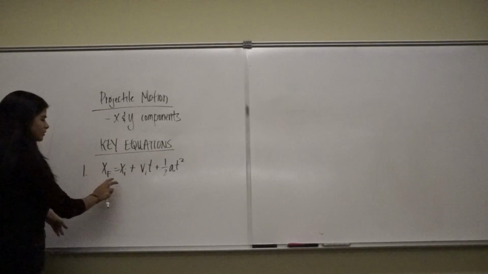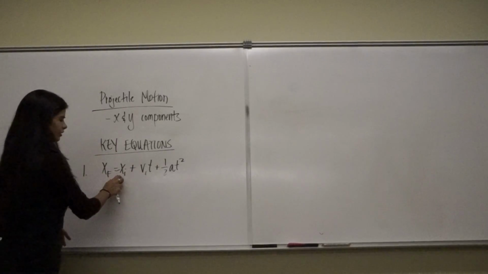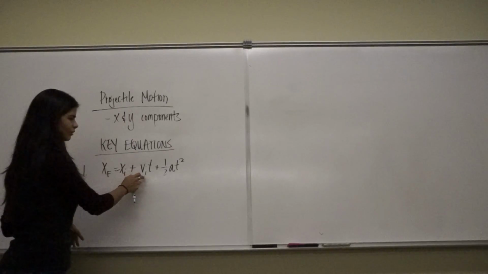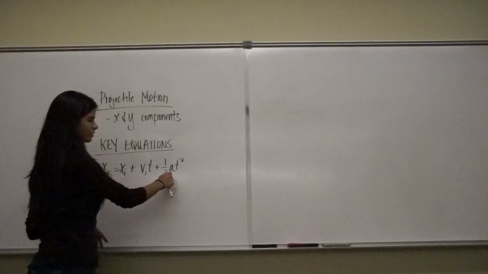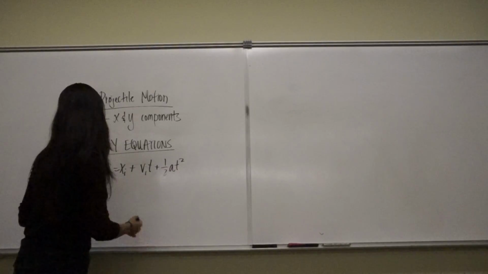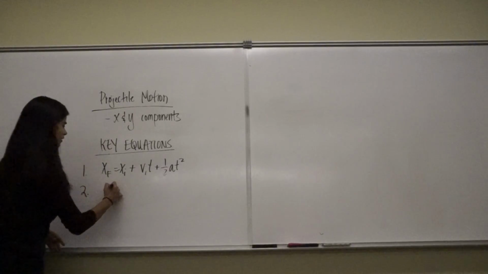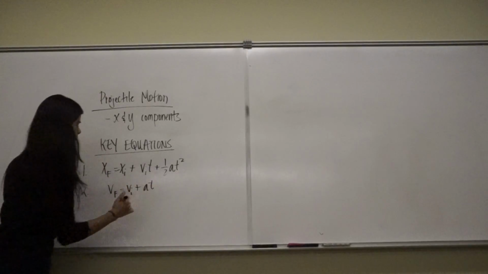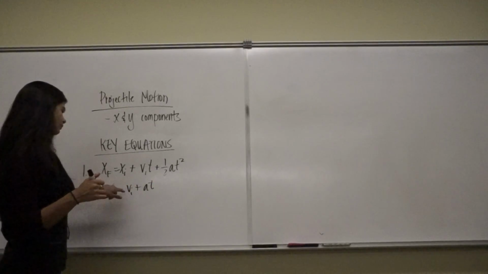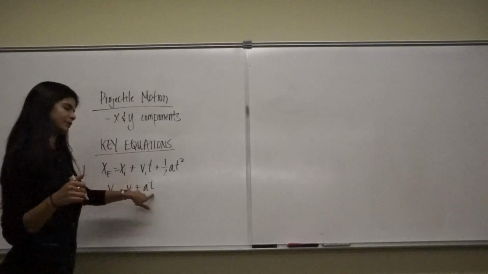So your final position equals your initial position plus your initial velocity times time plus 1/2 acceleration times time squared. And the second equation we'll be using is v_f = v_i + a t. Final velocity equals initial velocity plus acceleration times time.